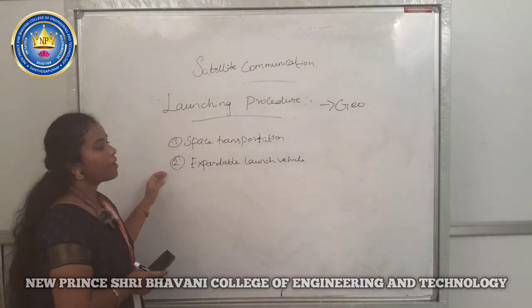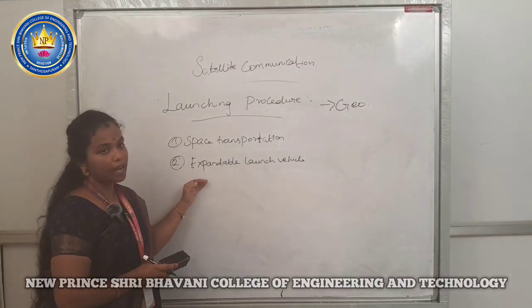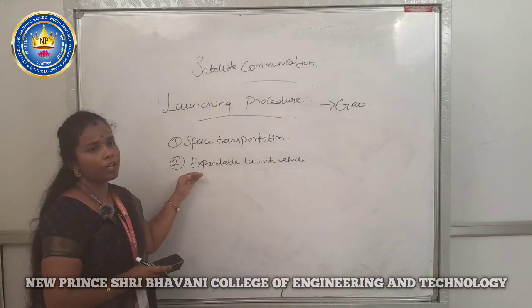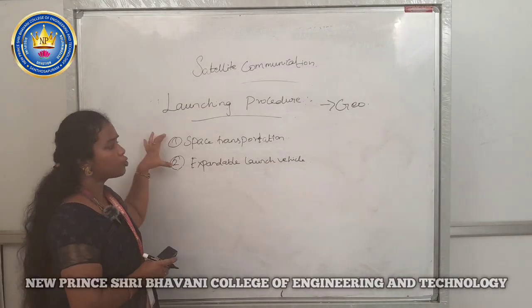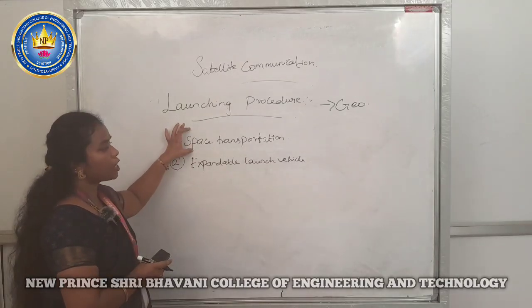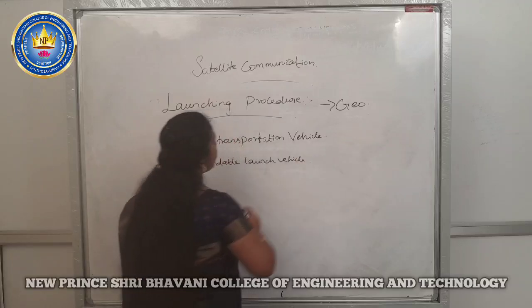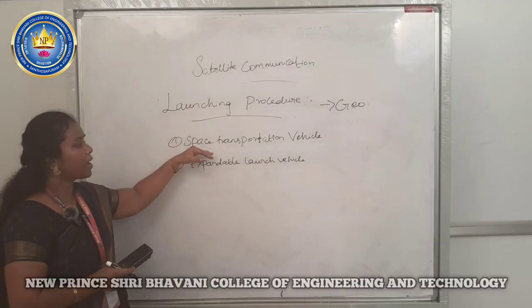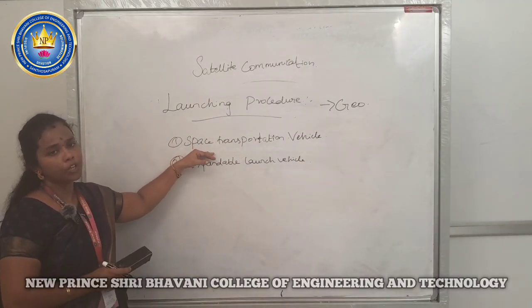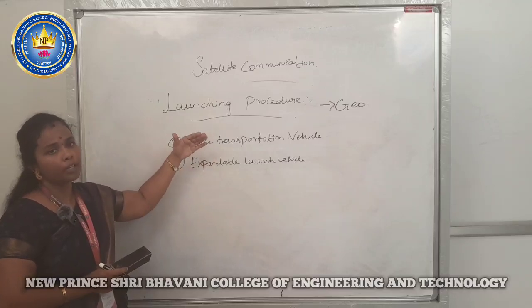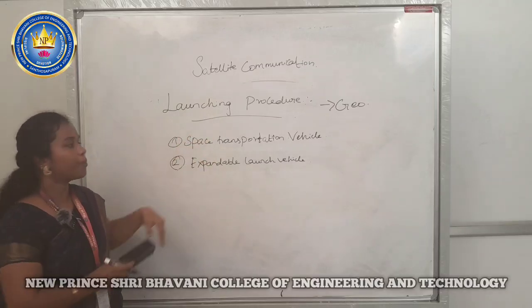These two are the means of transportation of the satellite. When we transport or send the satellite, it is by these two. The first one is the space transportation vehicle. We send the satellite from the earth station to space by this STV. This STV transfers the satellite to the transfer orbit, that is, the Hohmann orbit condition.